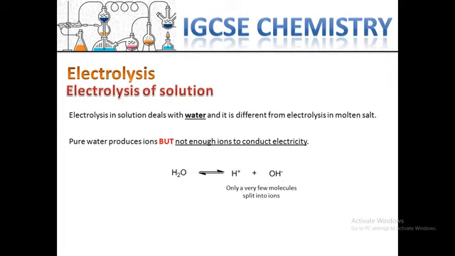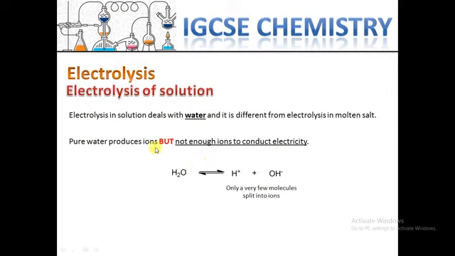What is important is that pure water produces ions like here. We have a water molecule. It can separate into a positive ion and a negative ion: the positive ion is hydrogen and the negative is hydroxyl. It's not enough to conduct electricity.